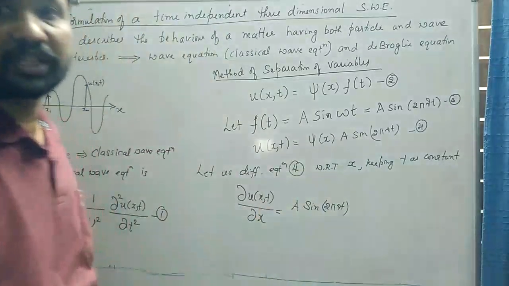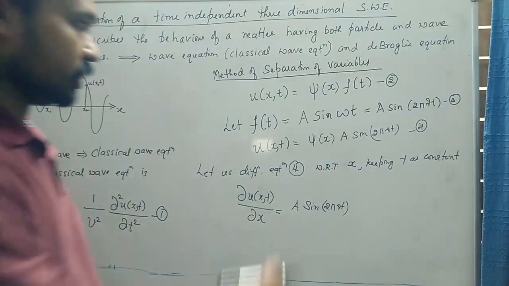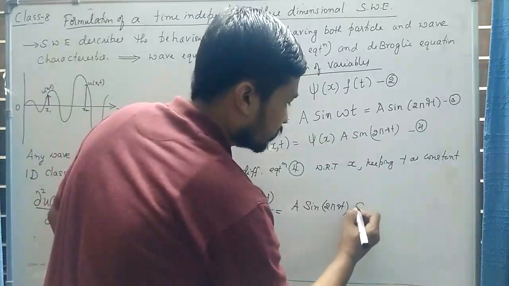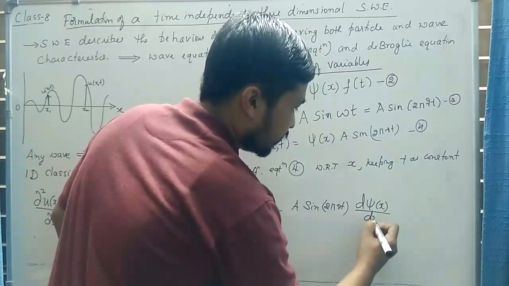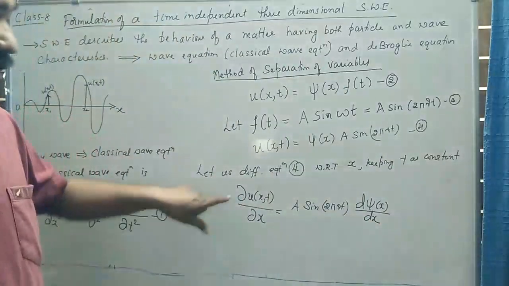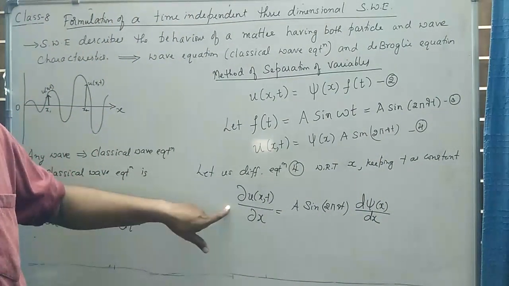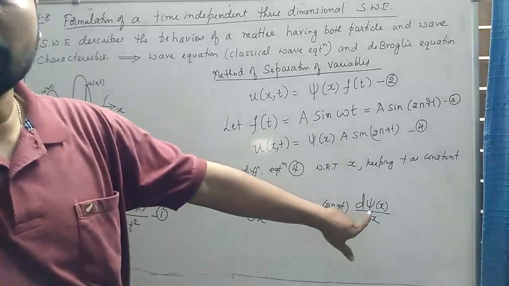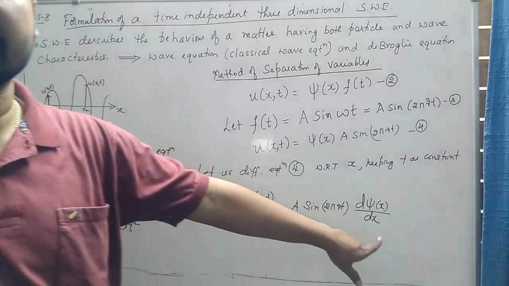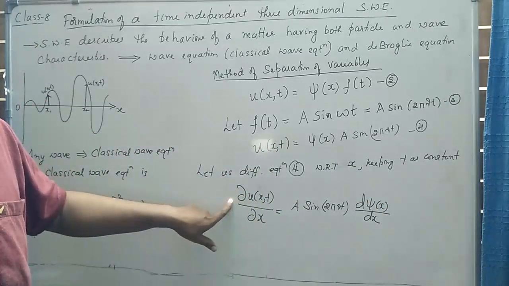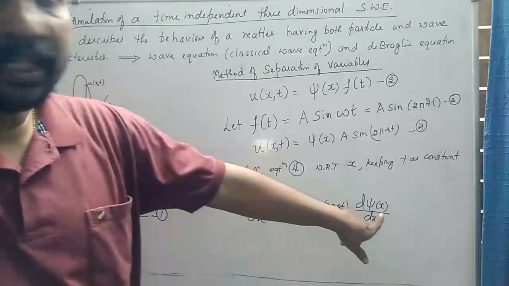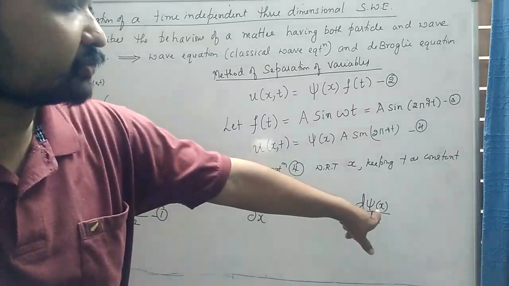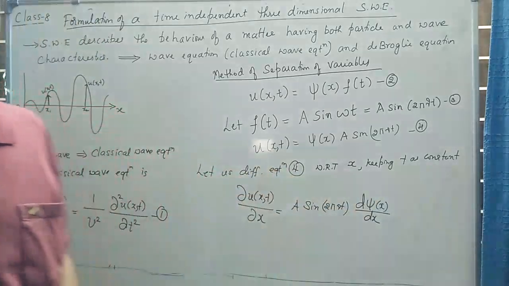We are not differentiating it because it is treated as a constant, into the differentiation dψ(x)/dx. See, here I have the partial derivative ∂u/∂x, and here I have an ordinary derivative dψ(x)/dx. Why? Because we use partial derivatives when there are two variables x and t, but here I am using an ordinary derivative because this function only depends on one variable x.